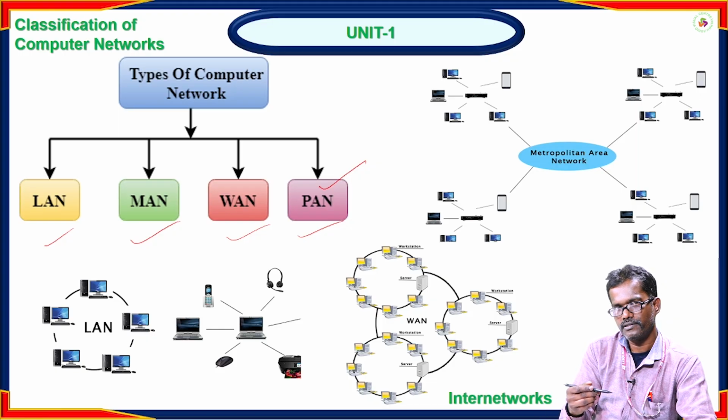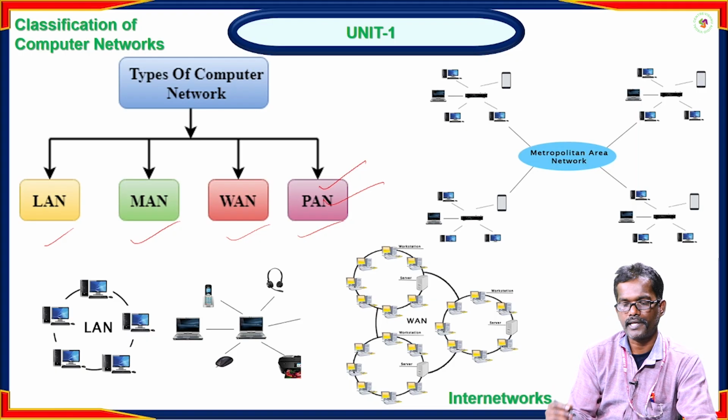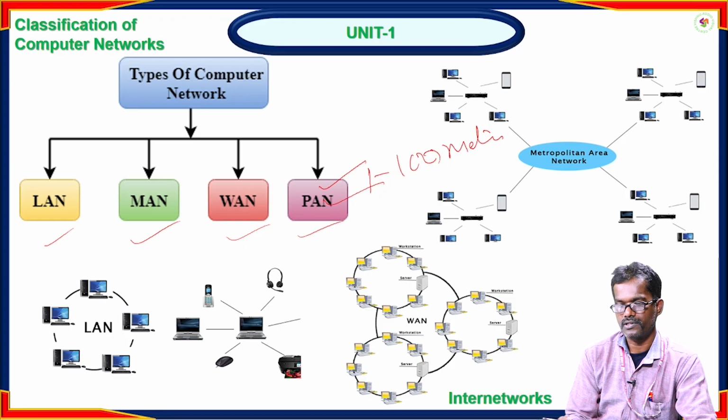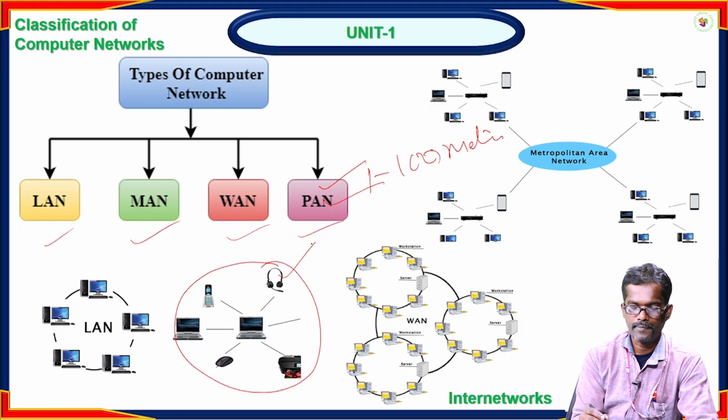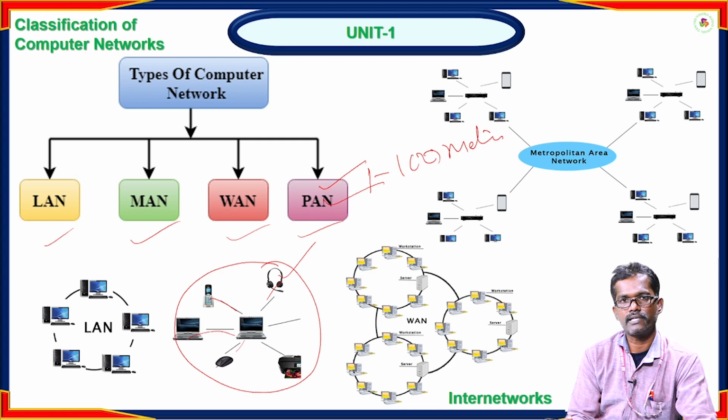Transmission speed is also very high with the help of this PAN. With a laptop we can share headphones, Bluetooth, mobile phone, another laptop, wireless mouse, wireless printer or scanner. Everything will be under the PAN, personal area network.